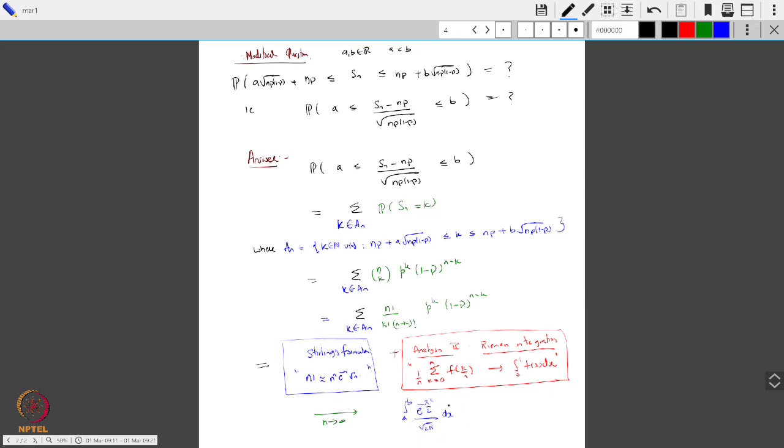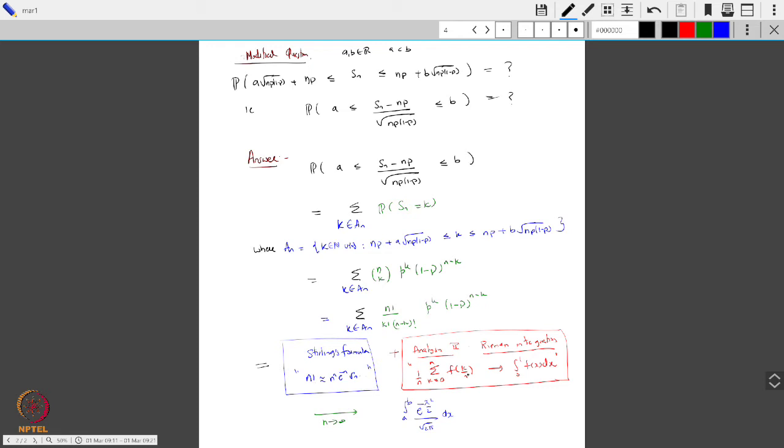This has two aspects to it. One is Stirling's formula, and the other is this analysis 2 material of how an integral is formed by Riemann sums. These two ideas will give you this result.